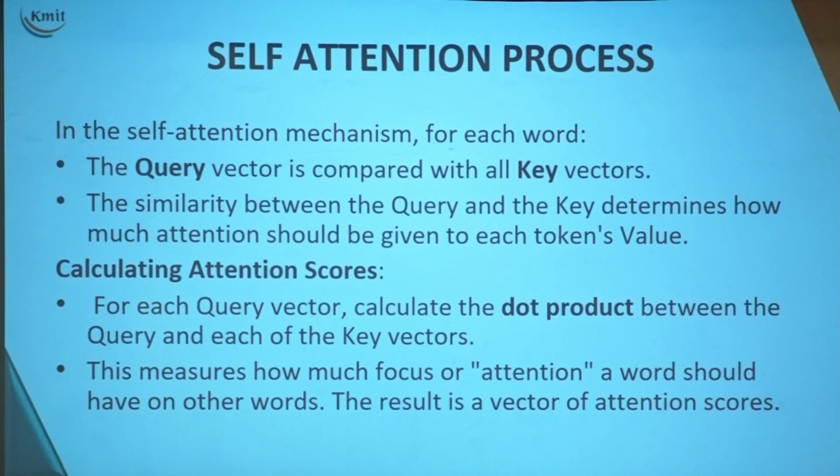Are you understanding? That's how the attention mechanism works. How do you calculate the attention score in self-attention? By calculating the dot product between the query and the key. This measures how much focus or attention a word should have on the other words. The result is a vector of attention scores.